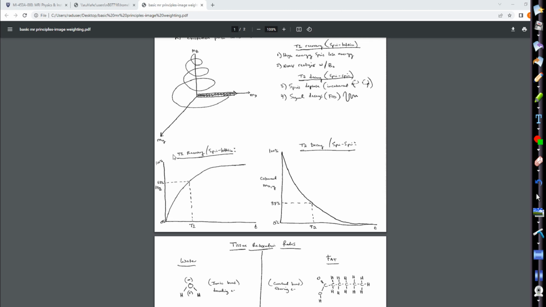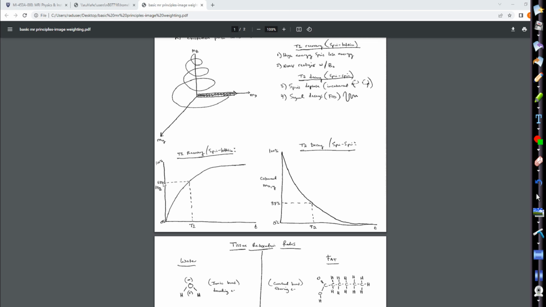Okay, so when we think of recovery, we think of things kind of coming back. We didn't have any longitudinal signal when the RF pulse was applied, and it was all in this transverse plane. But the moment we turn it off, that vector starts to regrow along the longitudinal plane.